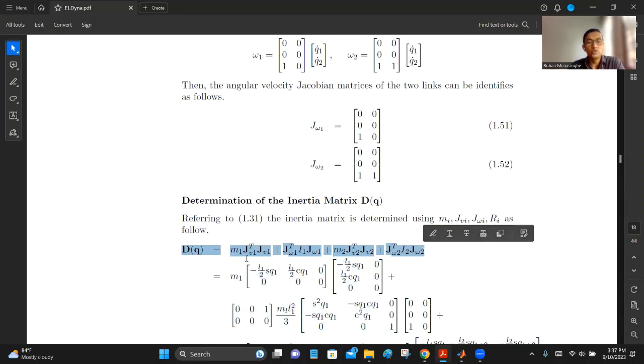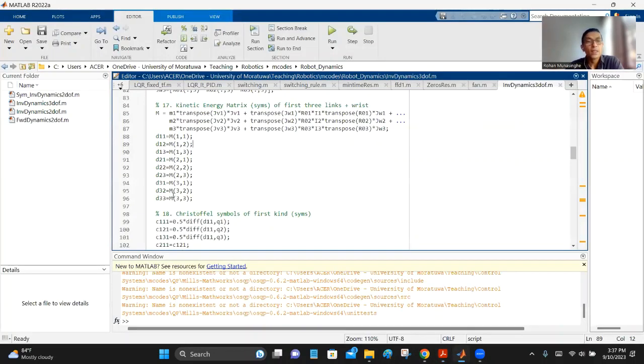It is mass times JV1 transpose JV1 for that first link, and then J omega 1 transpose I1 J omega 1. So this is for the energy due to angular velocity. And this is for link 2, and so on. So now in MATLAB, you write it symbolically: M1 plus M2 plus M3 for the third link.